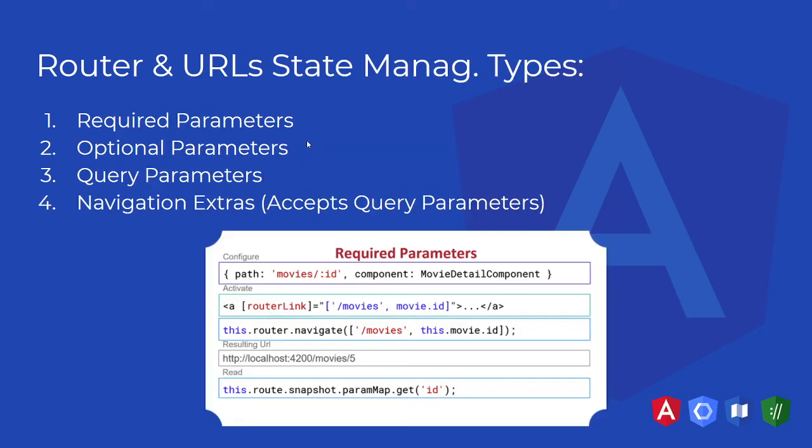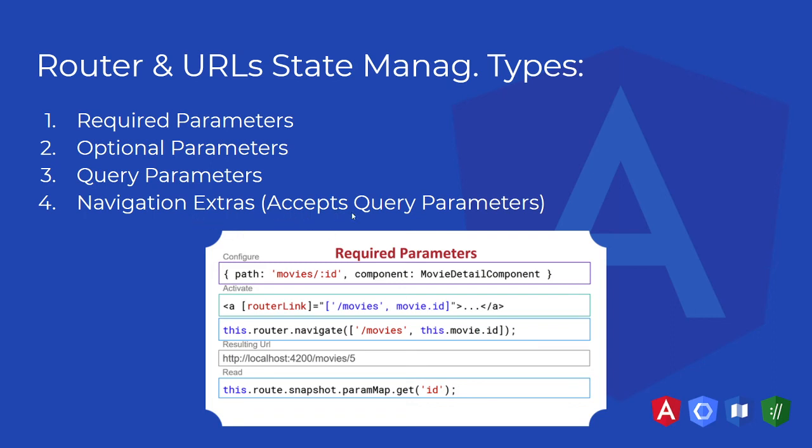So these are the 4 types of router and URL state management. First is required parameters, second is optional parameters, third is query parameters, and fourth is the new addition in Angular, which is navigation extras. I have also written some code snippets and a small article on dev.to as well.